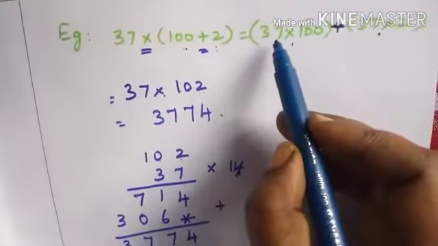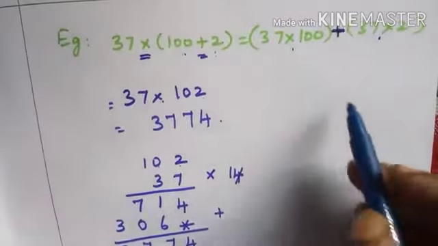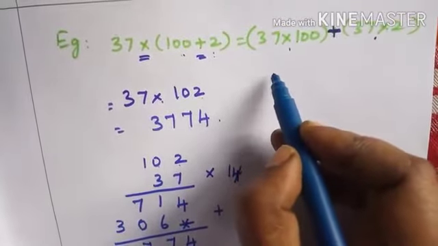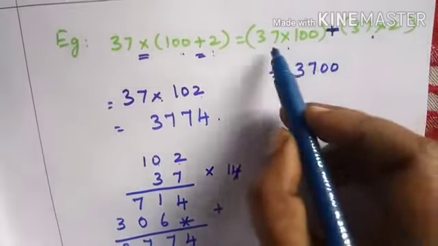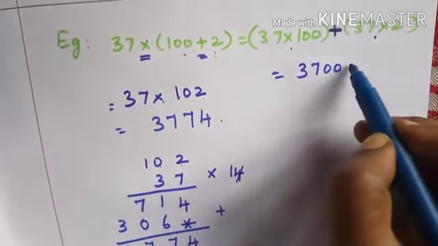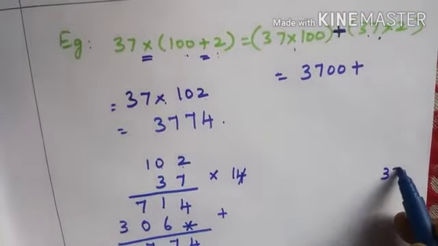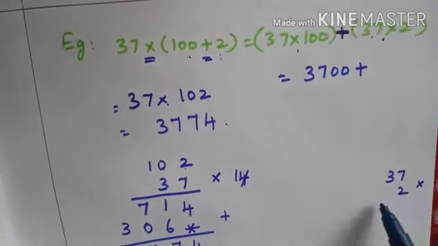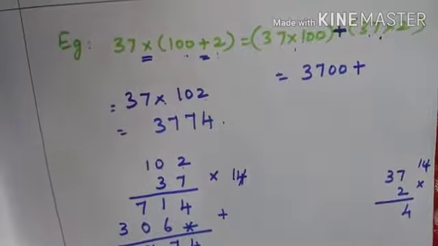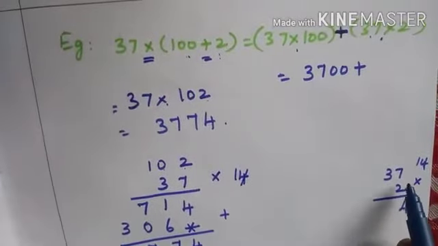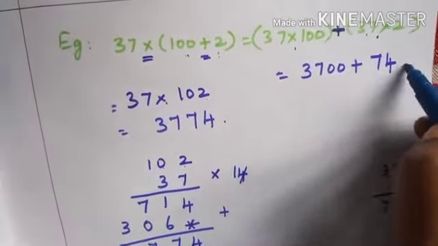Now you see here 37 into 100. So this side when we are taking 37 into 100 equal to what? This is equal to 3700, isn't it? So 37, we put the two zeros here. Plus, you see 37 into 2. Now we multiply 37 into 2. 7 2s are what? 14. So here we are striking 4 and putting 3 2s are 6. 6 plus 1 is what? 7. So here 74.